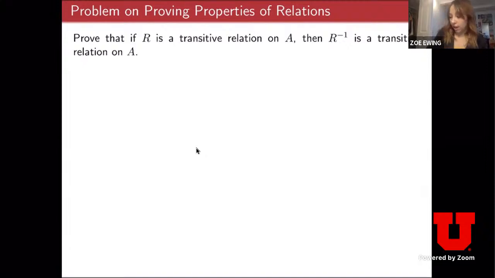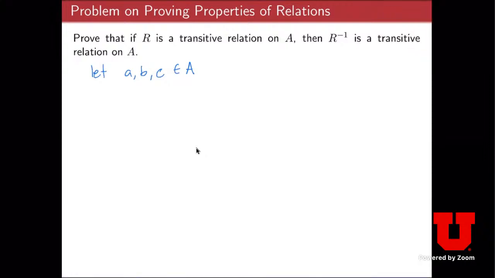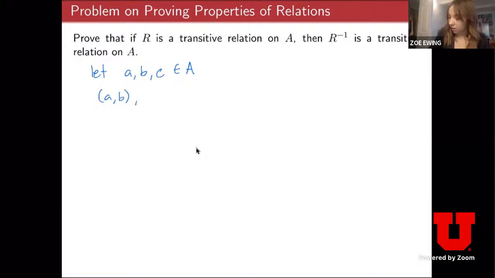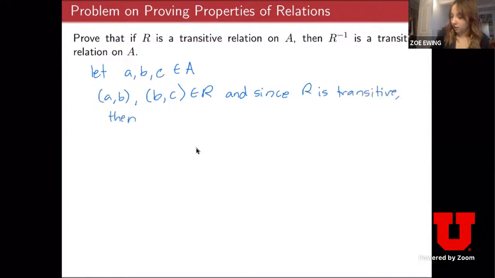So let's let some a, b, and c be in the set A. All right, so what would be relations that would create a transitive relation for R? (a, b) and (b, c). (a, b) and (b, c) are in R. And since R is transitive, then we also have (a, c) is in R.